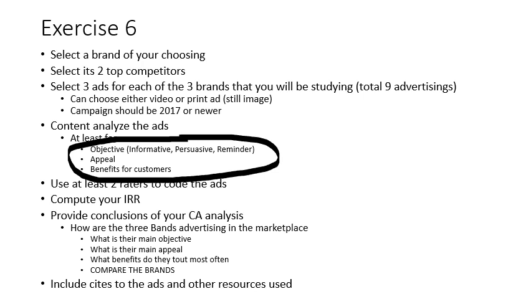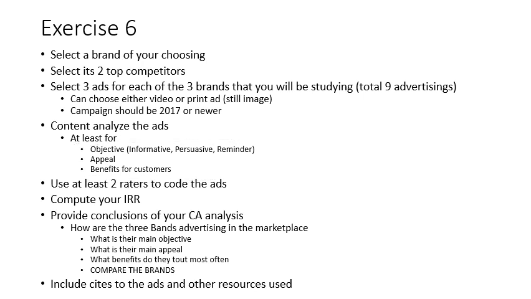Now, after you have created your code book with those 10 or 15 concepts, you need to write a definition for each of them to make sure everybody's on the same page.